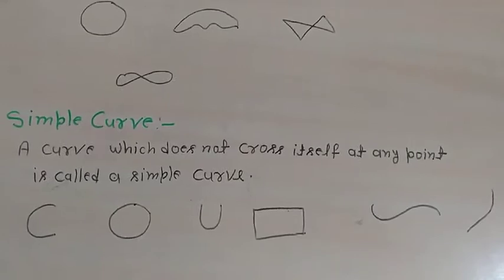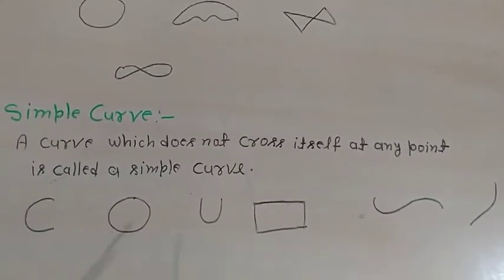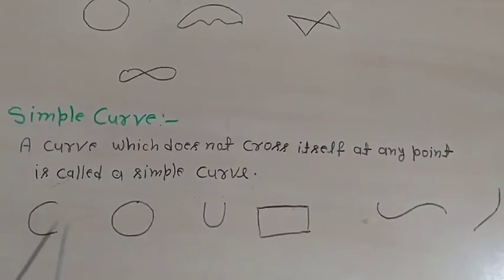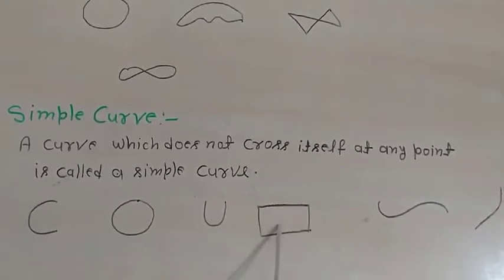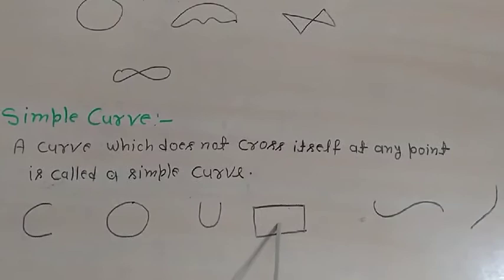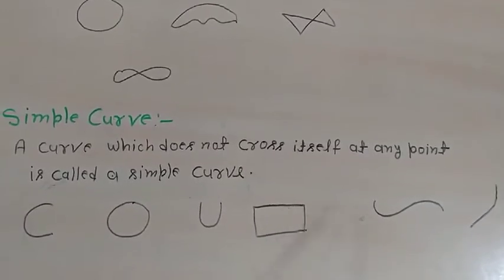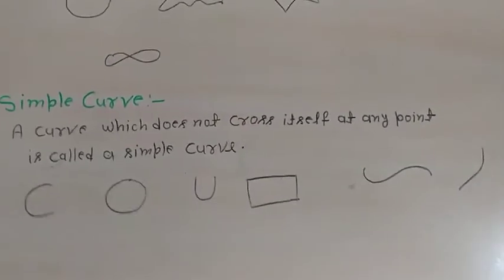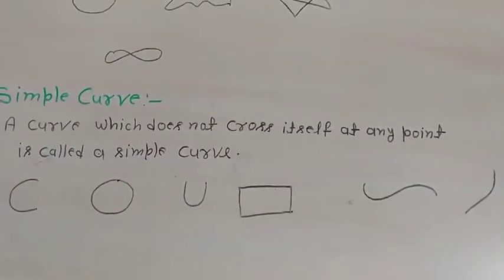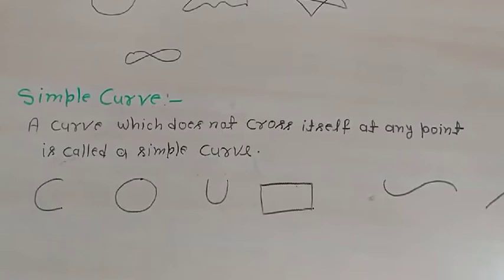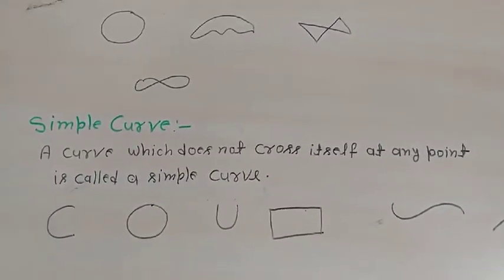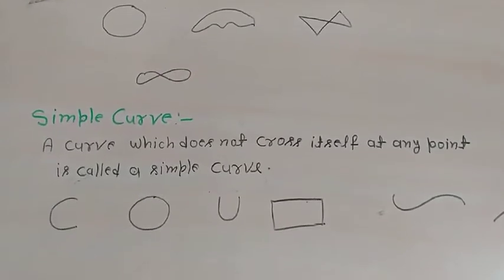Some curves are open and some are closed, so this is an open curve, so you can say this is a simple open curve, this is a closed curve, so you can say this is a simple closed curve. Okay, so I hope all of you understood what is a curve, what is an open curve, closed curve, and what is a simple curve, simple open curve, and simple closed curve.